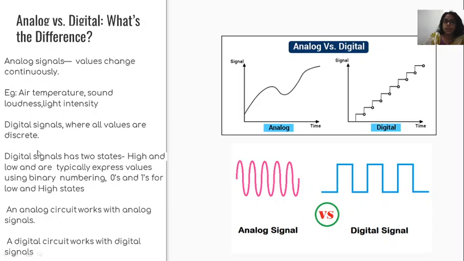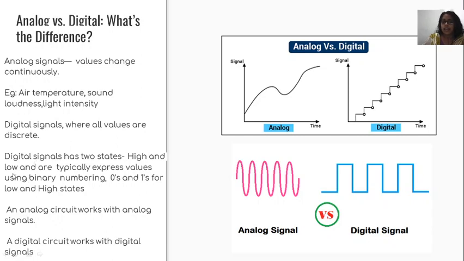Coming to the important point of a digital signal, it has two states. Important: a digital signal has two states, either high or low.